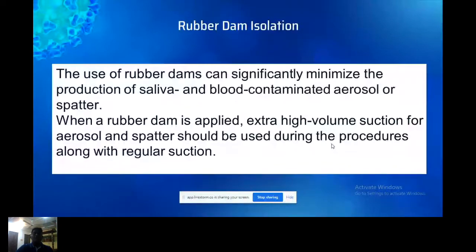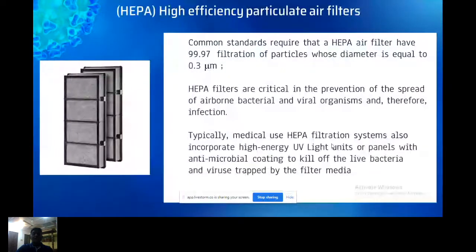Now HEPA, high efficiency particulate air filters, are coming up like anything in the market. Basically these HEPA filters are used in your operating rooms or operation theaters. All the operating theaters have HEPA filters and laminar airflow, which is nothing but a negative air pressure.